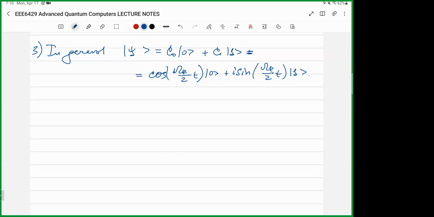The realization is similar, but in contrast to single qubit operations where we can have just one laser or one excitation, for the 2-qubit gates we need two frequencies.